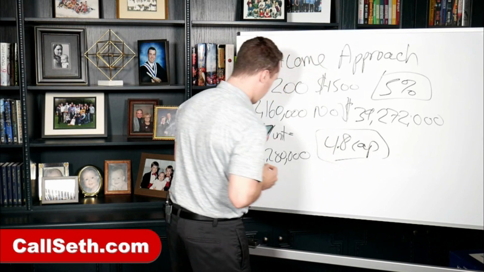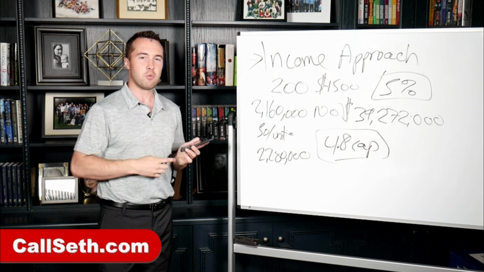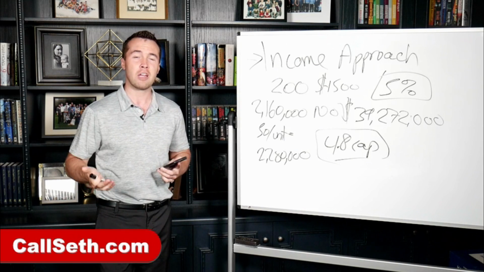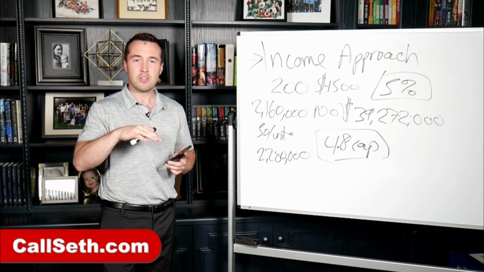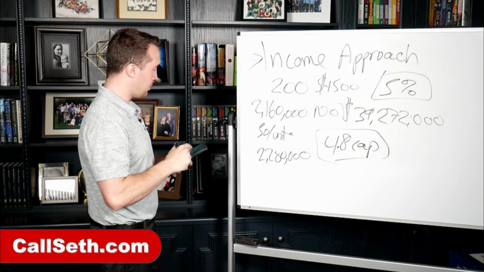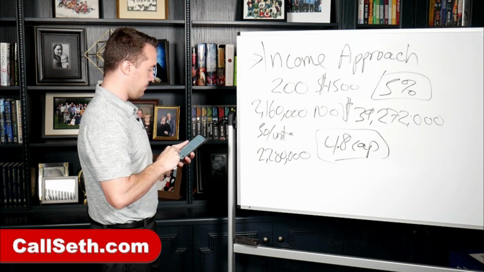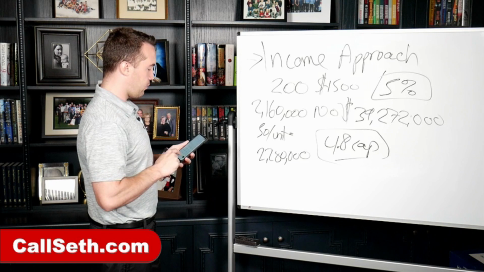This is where that value add component really comes in, because we're able to change the property. We're taking an asset that was maybe underperforming, under market, and really bringing it up to market, or to that B+ level that we were talking about. So now all we're going to do is take 2280 and divide it by 4.8%.